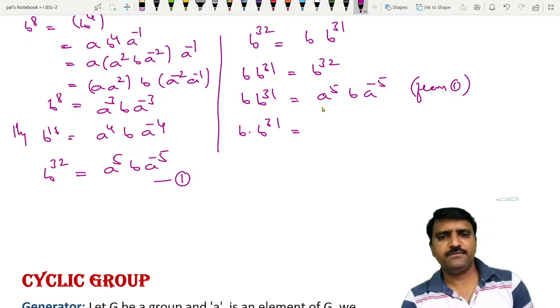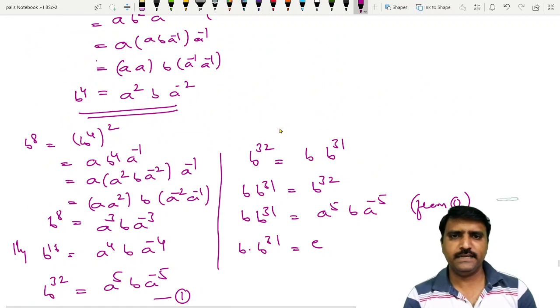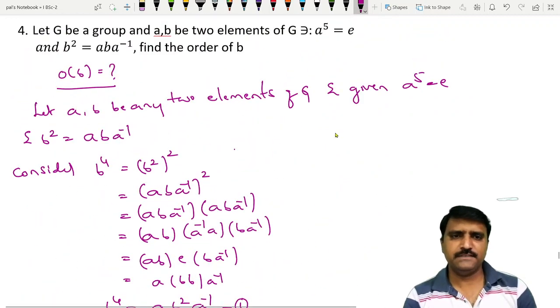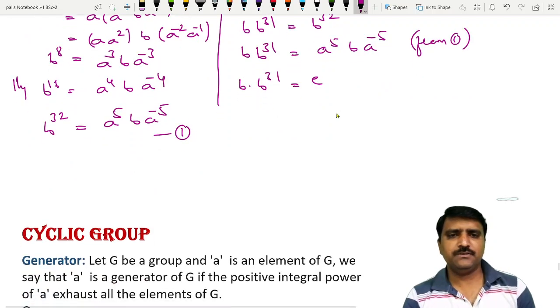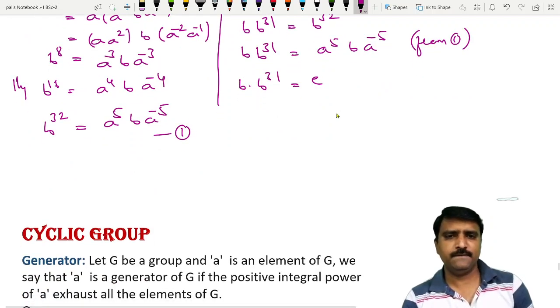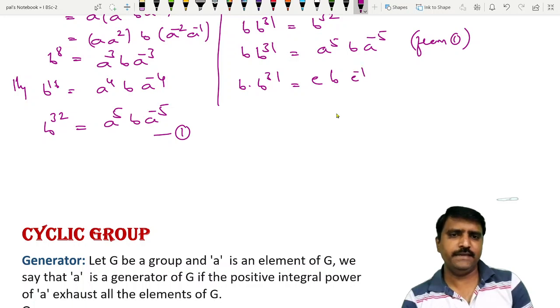A to the power of 5 is e, as they are given that a to the power of 5 is equal to e. So a to the power of 5 is e into b into e to the power of e inverse, or you write it as a to the power of 5 whole inverse, or you can write it as e inverse.